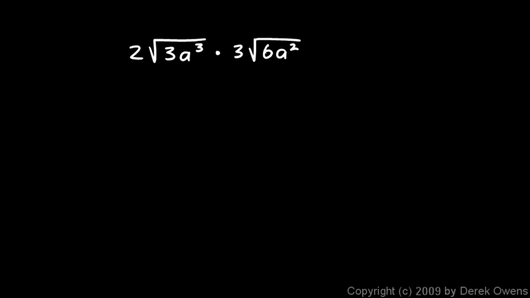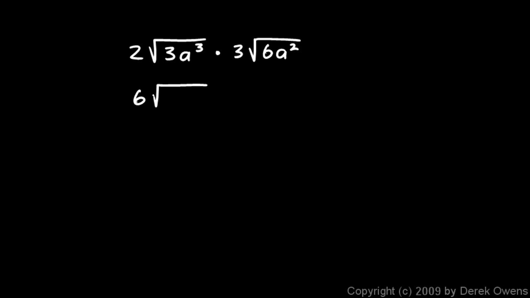And here's another example. 2 times the square root of 3a cubed times 3 times the square root of 6a squared. Okay, let's rearrange things and factor some things in the process. This 2 times the 3, I'm just going to combine those as a 6, and then I have my 3a cubed.